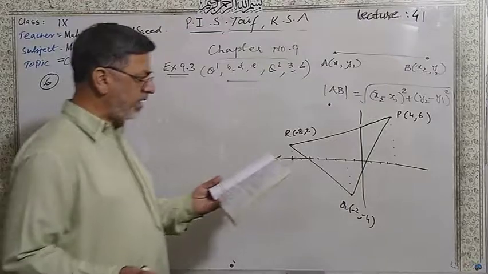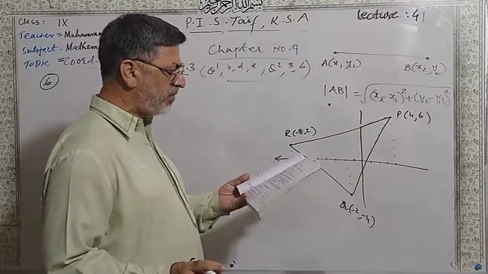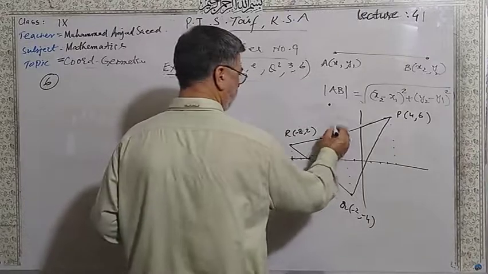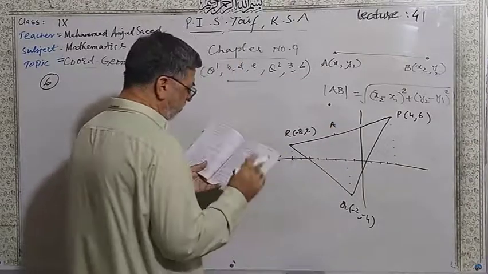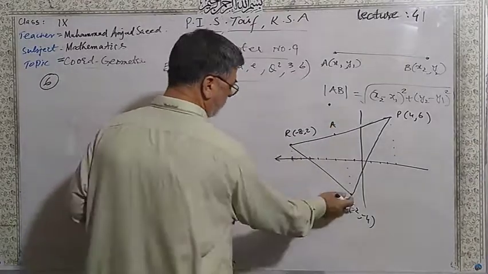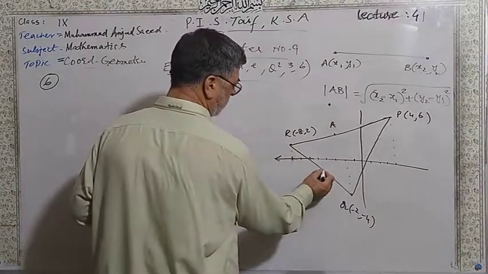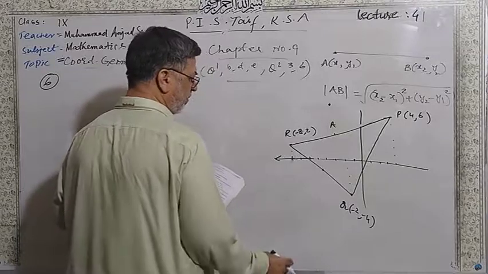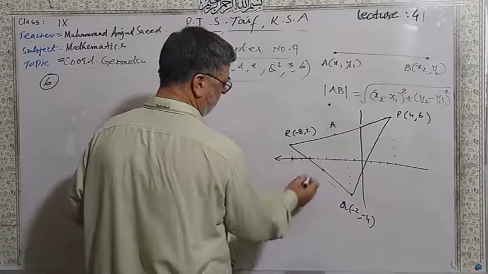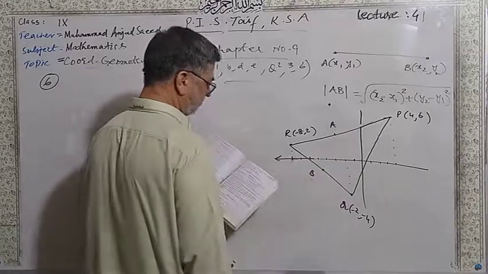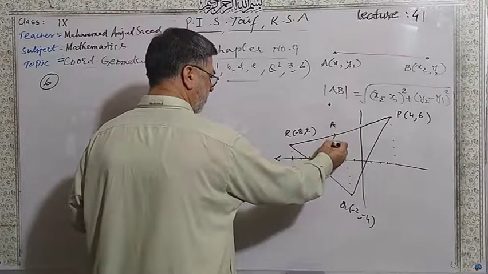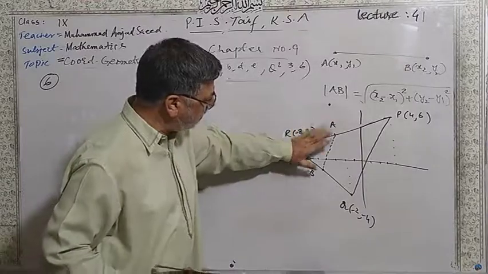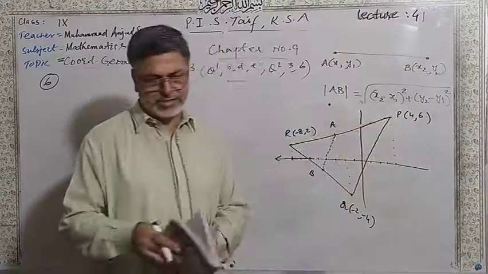Show that the length of the line segment joining the midpoints of the line segments PR and QR is half of PQ. Suppose the midpoint of PR is A, and the midpoint of QR is B. We have to join them. The length of AB will be half of PQ. This is your question.